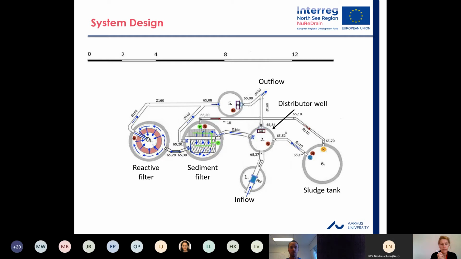From there, the water then enters the reactive filter, which contains the reactive P filter material, and finally moves to the outflow, to well 5. As you can see in the picture, there is an additional well, number 6, which we call the sludge tank. There we gather the sediments, which are from time to time collected from the sediment filter, and they are pumped into the sludge tank for improving the thickness of the sediments.